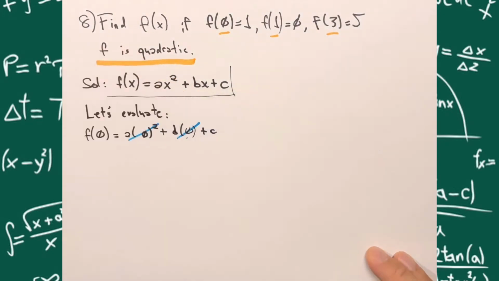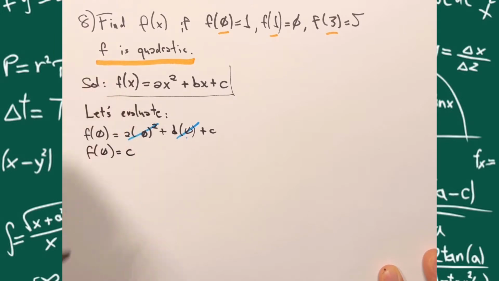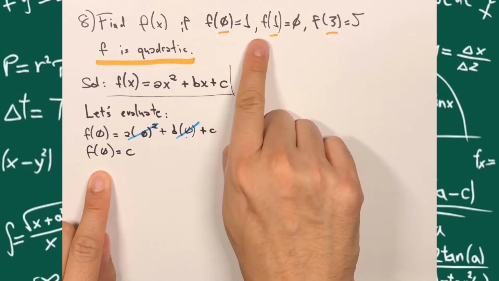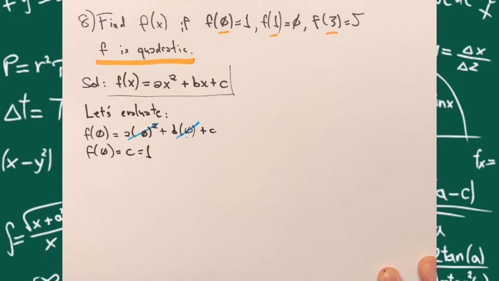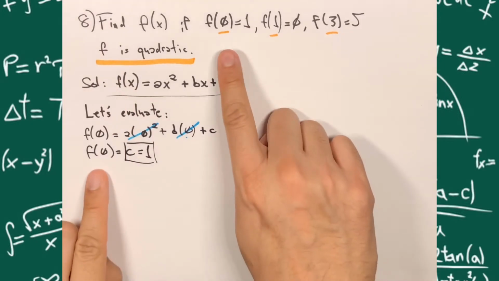It simplifies, because 0 squared is 0 and b times 0 is 0, and we're left with f of 0 equals c. And as you have noticed, here's where the key information from the initial exercise comes in. f of 0 also equals 1, so we can conclude, therefore, that c equals 1.